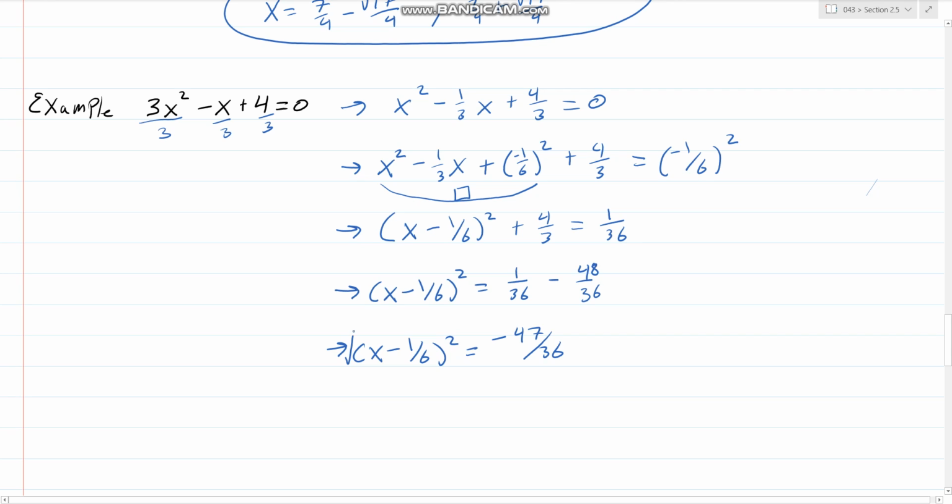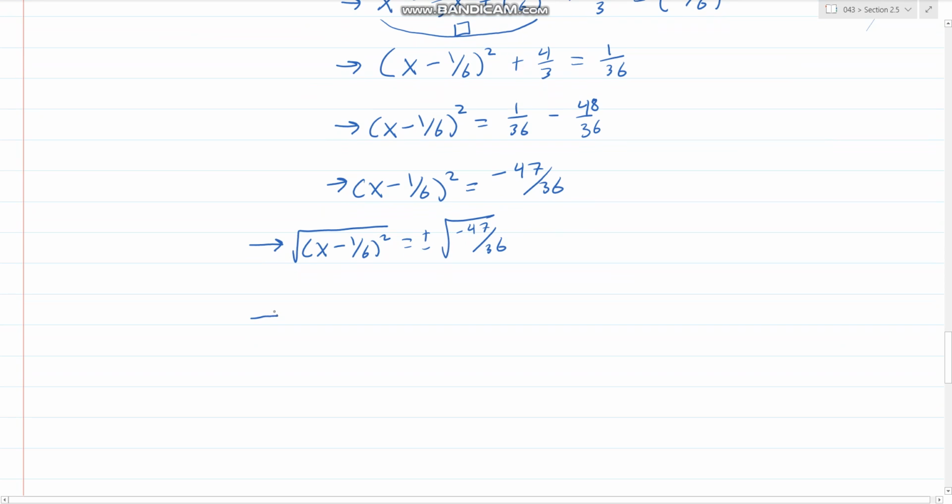Now I need to take the square root of both sides. And look at that, it's going to be a negative number. Square root of x minus 1/6 squared equals plus or minus root negative 47/36. That's a negative number, so we're definitely going to have an i involved in this. So check out the previous videos if you're still confused on the i business, or how to take the square root of a negative number.